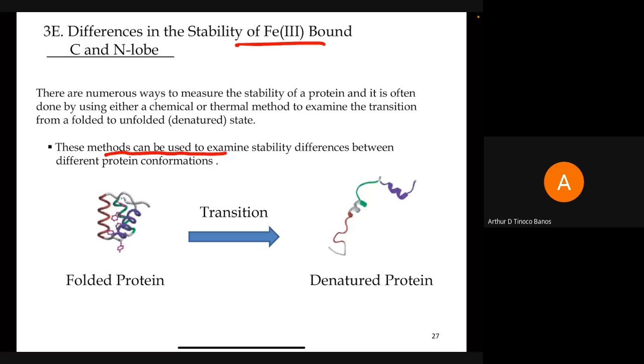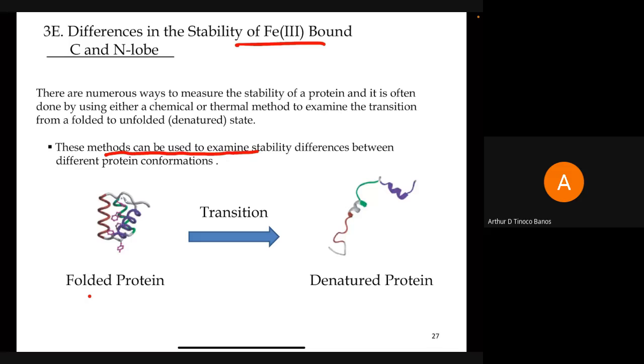So we can try to examine how metal binding can really help stabilize. There are methods that can help us measure this, to examine the stability of the protein in the presence and the absence of the metal. We're essentially looking at a way of gauging a folded protein or an unfolded protein, not necessarily denatured.